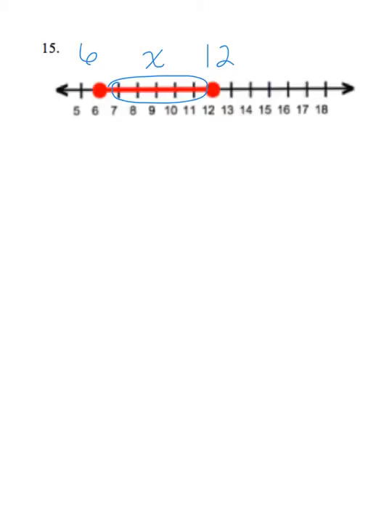If I cover up that right hand side, I know 6 is going to be less than or equal to, because it's a closed circle here, compared to 6. And then over here on the right hand side, in my mind I'm covering up that left hand side, and I'm just looking at the 12 and how it compares to x.